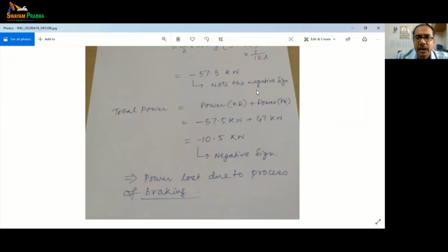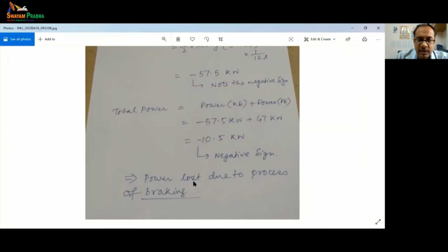So this negative sign is important, and when you do the total power calculation, again the potential energy change part is not getting affected, so it will have positive 47 kilowatt, but this kinetic energy part is now contributing negative 57.5 kilowatt. So if you sum them up, you will get a net negative 10.5 kilowatt. So you note this negative sign.